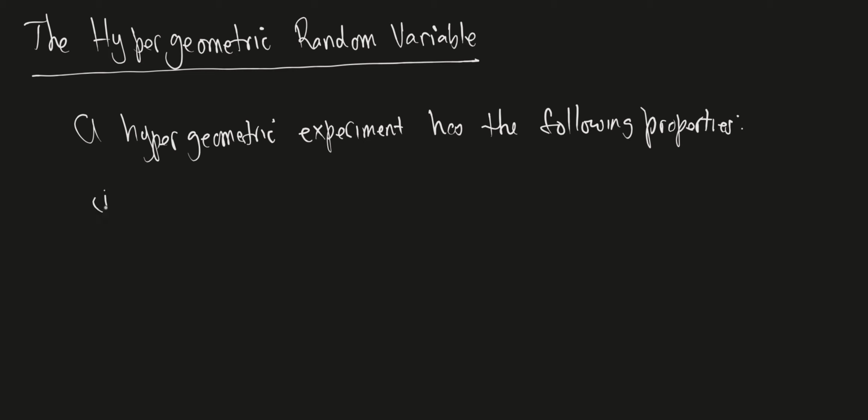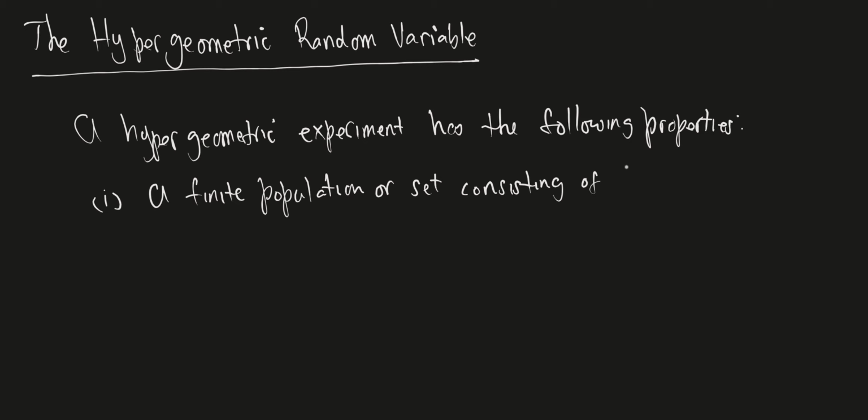One, we have a finite population or set consisting of, and we'll use big N elements. So you can think of this as the entire population, but it's going to be finite, and that's key.